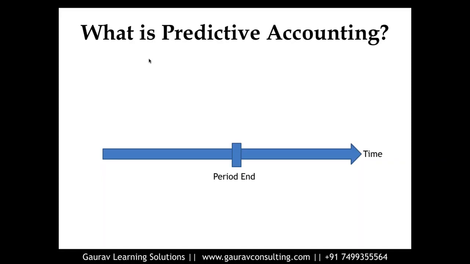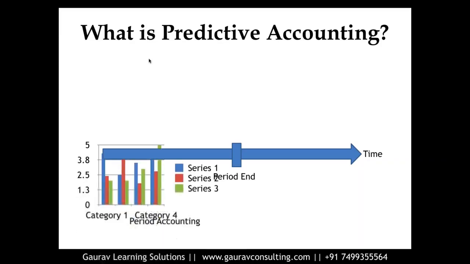Companies are focusing on financial reporting, which normally talks about what has happened in the previous period. With normal period accounting, the focus is on the period which is already closed.